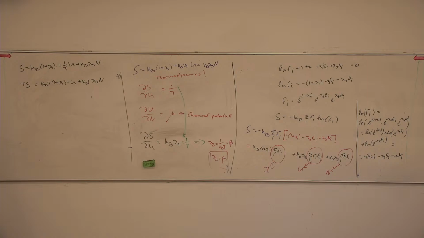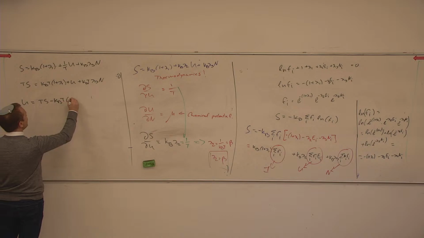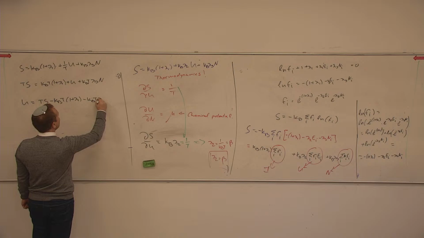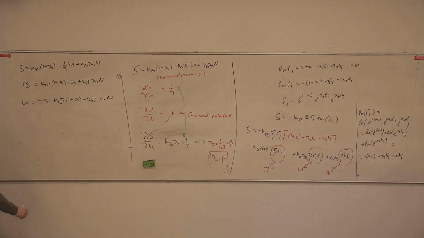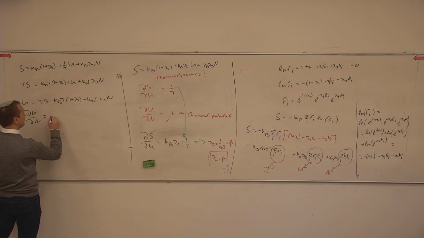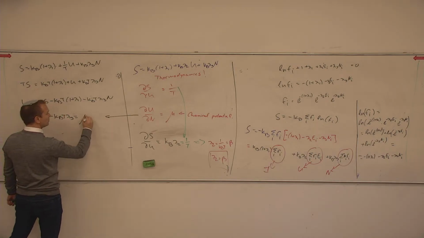So U equals TS minus k Boltzmann T (1 plus lambda 1) minus k Boltzmann T lambda 3 N. Now we can write down that dU/dN equals minus k Boltzmann T lambda 3, which equals mu.